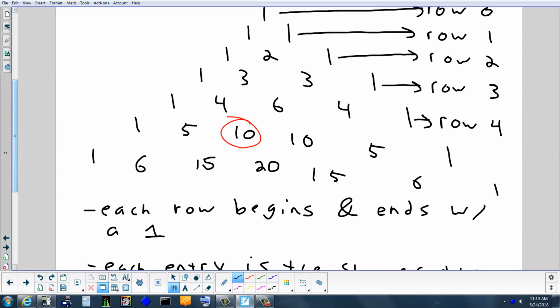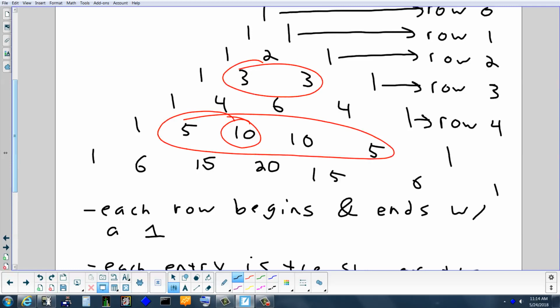So if you look at row 3, 3 is a prime number. Every number in row 3, except the ones, is a multiple of row 3. 5 is your next prime number. Every number in row 5 is a multiple of 5, except the ends. Row 7. Every number in row 7 is a multiple of 7. Okay.